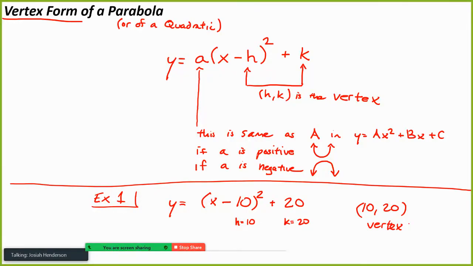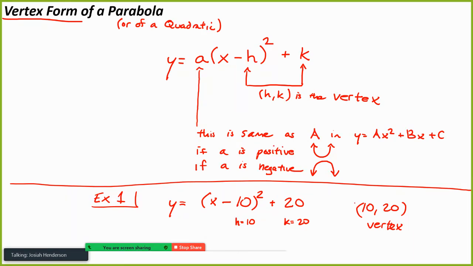Notice that. So the x portion of the vertex is like the opposite sign of whatever it looks like it is in there with the x. It's always opposite. So since this was x minus 10, well, it's positive 10 in our vertex, okay?